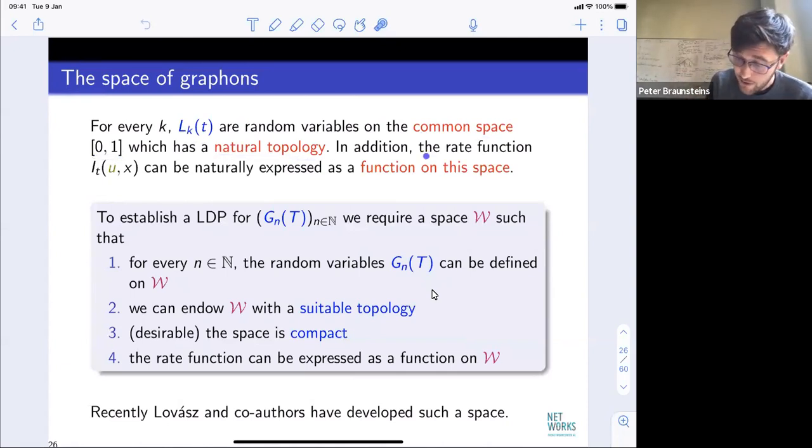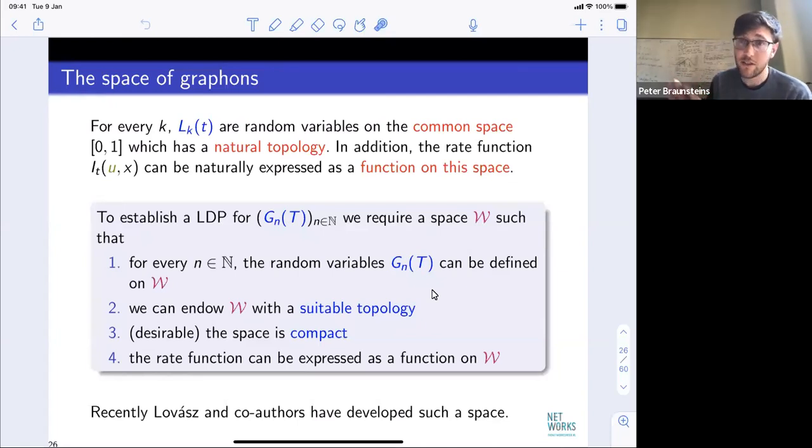In addition, the rate function can be expressed naturally as a function on this space. That was fine when we were just looking at the edge density, but now our random variables are full graphs. So we need to find a suitable space for our graph valued random variables.